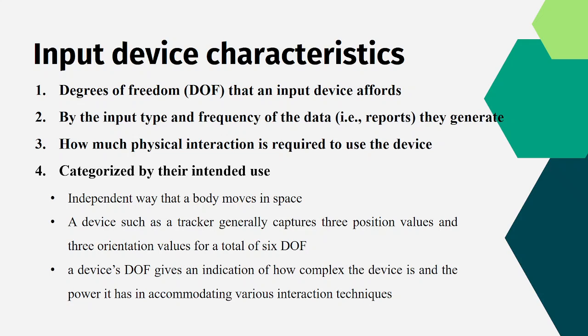All these categories come under how you want to use that specific device. Either it will be based on degrees of freedom, or on the function, that is locators, valuators, or choice, or on the type by which the device measures the value, that is relative or absolute.